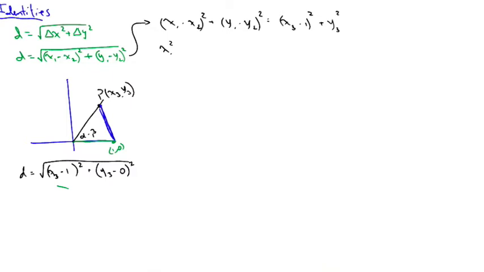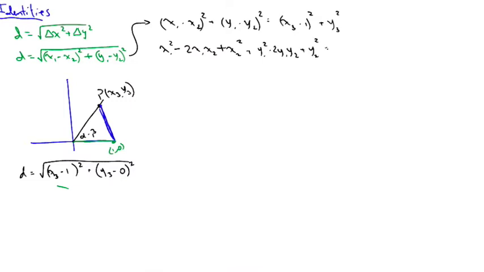If you're foiling, it would be x1 times x2 and then x2 times x1, so it's minus 2x1x2, plus x2 squared. What about the y ones? Well, the y ones are going to follow the same thing. So you're going to get y1 squared minus 2y1y2 plus y2 squared.